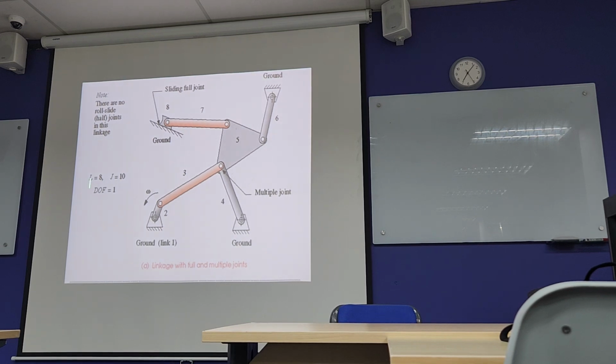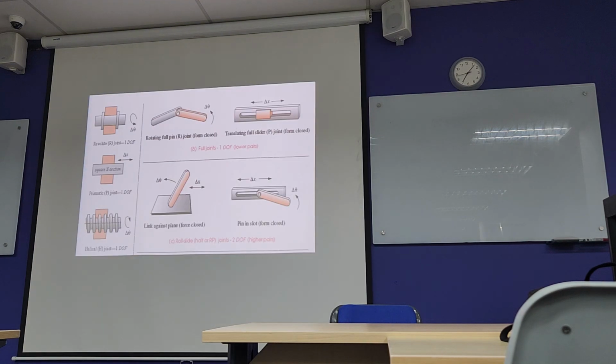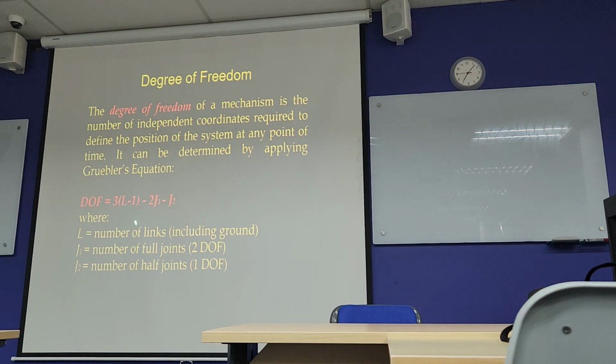Now you can apply the condition to know what the degree of freedom will be. We can calculate from the formula which we have noted down, based on the number of links here. So 3 times L minus 1.